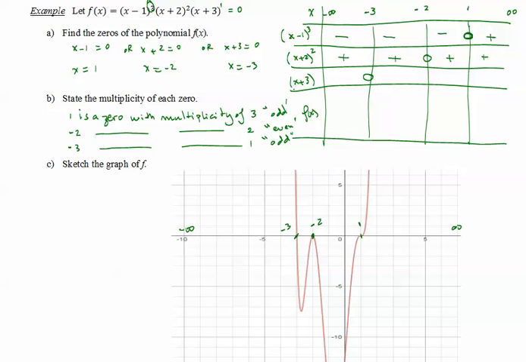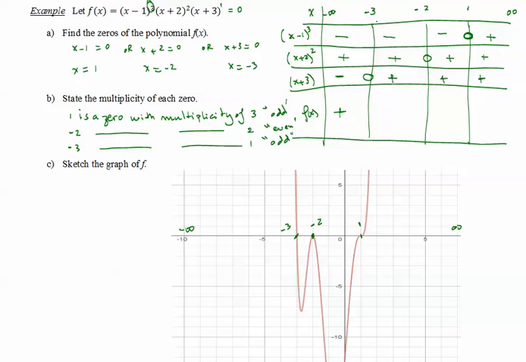And the same here, any number less than negative 3 will be negative, and the rest will be positive. Now, any number between negative infinity and negative 3, minus 5 for example, if you plug it into the first, second and third terms, it will be a negative times a positive times a negative. It will give us a positive number.